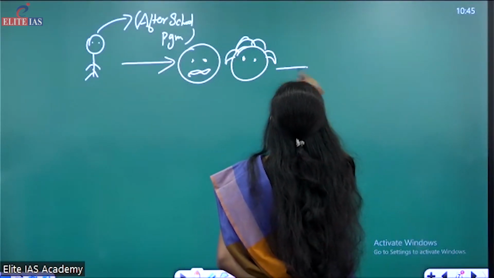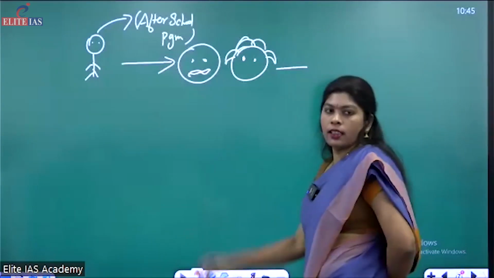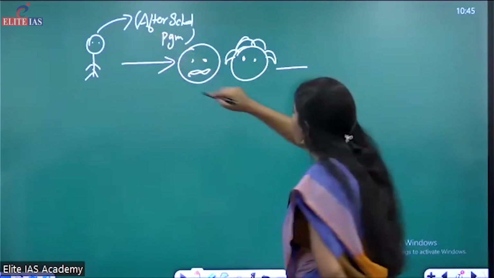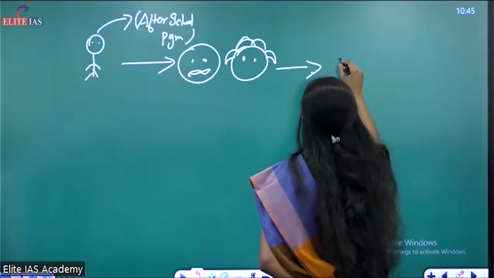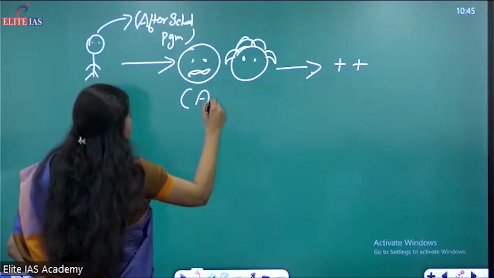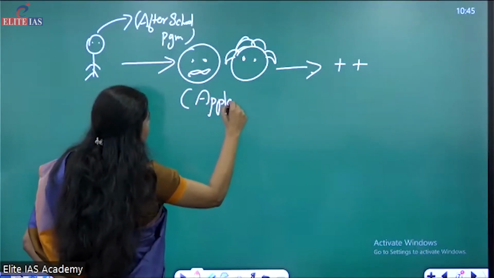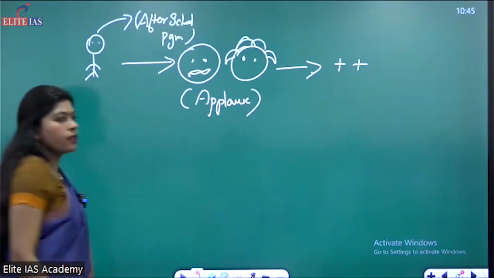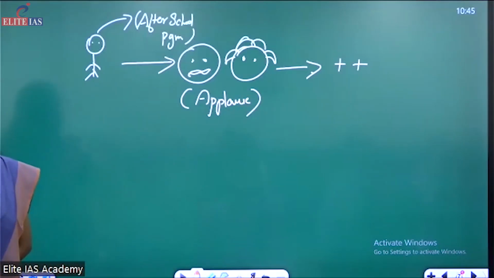Then, if these people appreciate the person's initiative, what happens? He will continue doing it in the positive way. If there is appreciation or applause, they say, very good, this way you have to be. We appreciate you. We are very proud that you are our son or daughter.